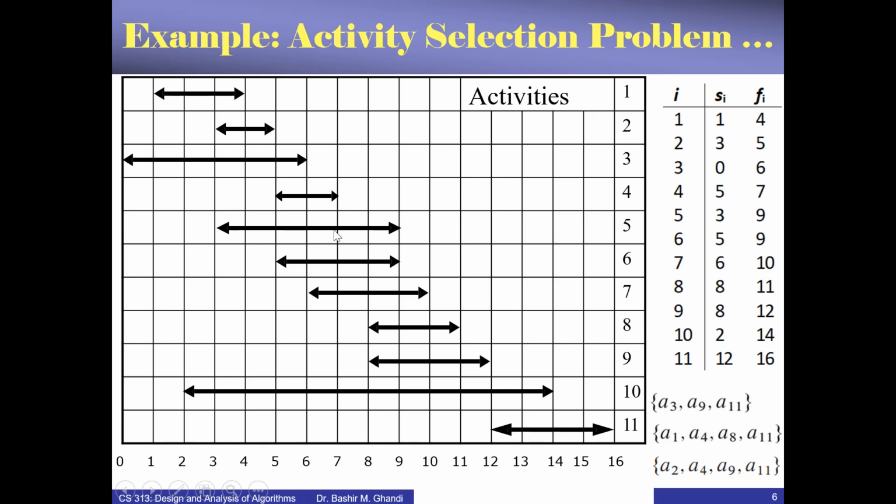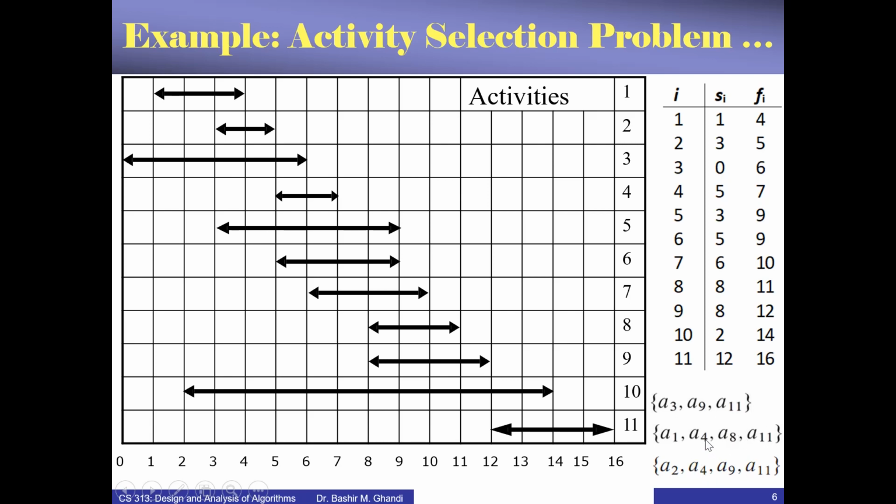This one finishes at 7 and this one starts at 8. And finally activity number 11, as we discussed earlier, starts at 12. Even though this one finishes at 12 but not including the 12, it is compatible with activity number 11, and so on.